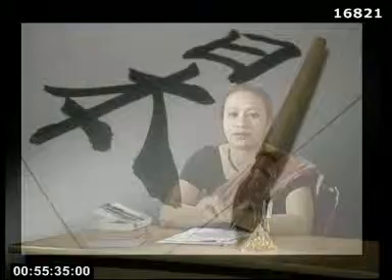There are three types of writing systems in the world. They are logographic, syllabic, and alphabetic. In the logographic system, one symbol represents one word. The old Chinese writing system is one example.